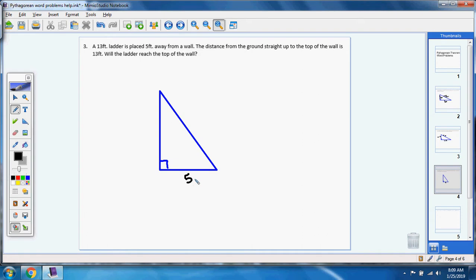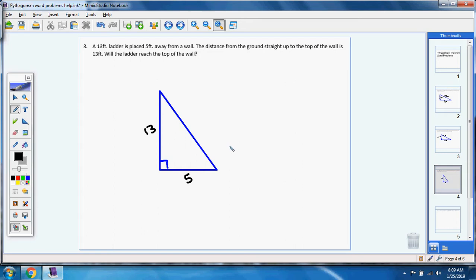It says the distance from the ground straight up to the top of the wall is 13 feet. So the height is 13. So it's asking really, is the ladder going to work? It says it's a 13-foot ladder.